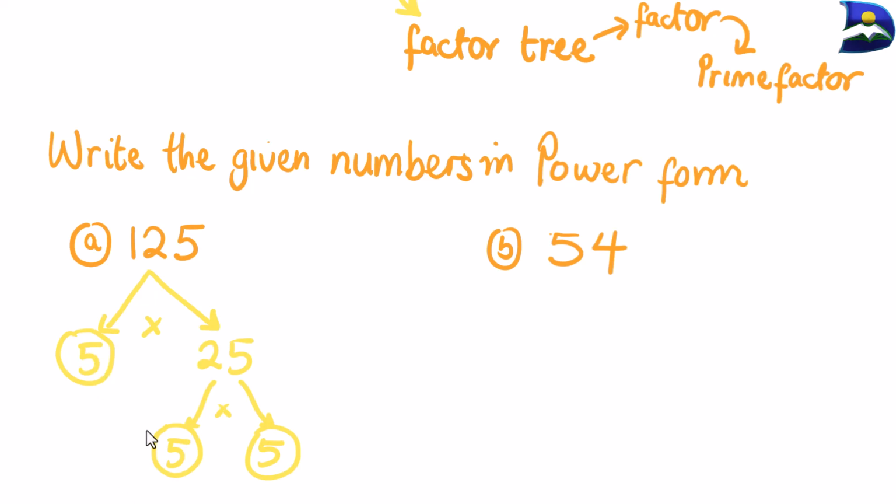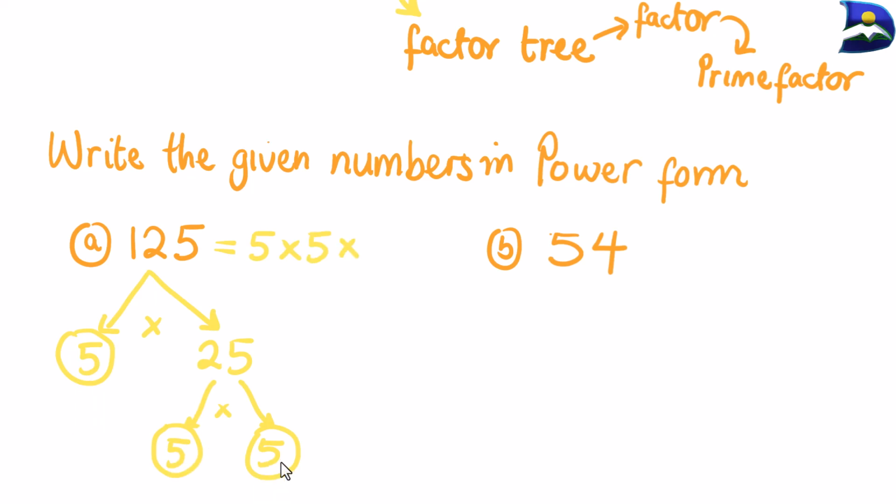Therefore, the circled numbers, when you multiply them together, you're going to get 125. So therefore, our answer here is going to be this 5 times this 5 times this 5.